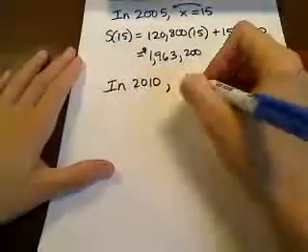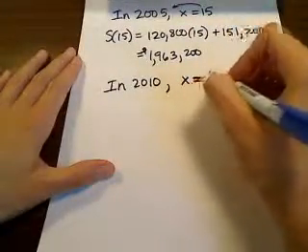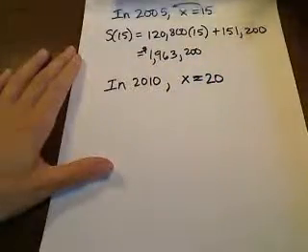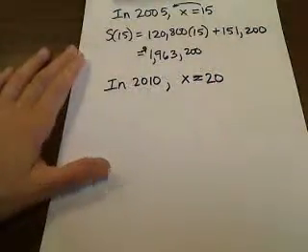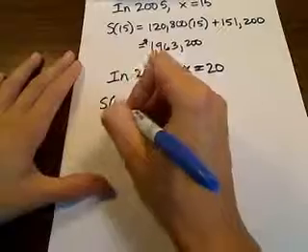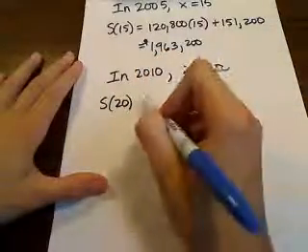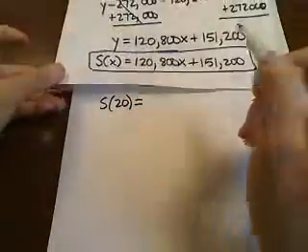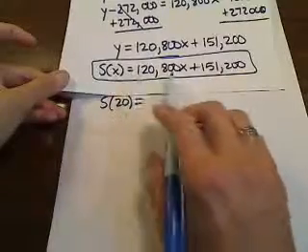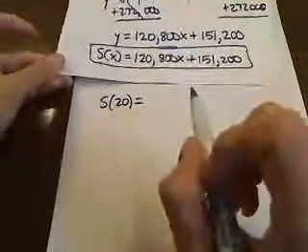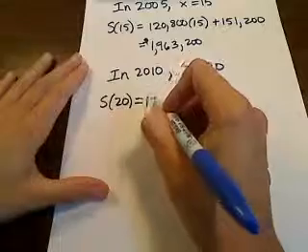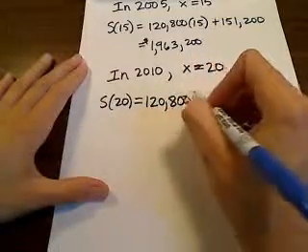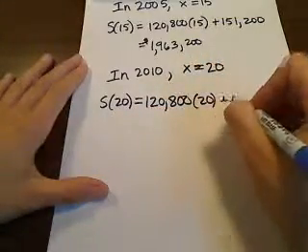So 2010 is 20 years beyond 1990. So I am evaluating S at 20, plugging it into my function. Everywhere there's an x, I'm going to plug in 20. So it becomes these big numbers times 20.